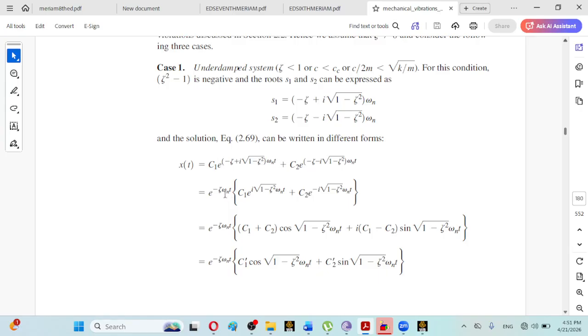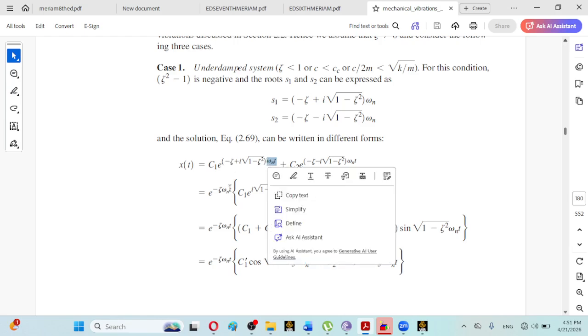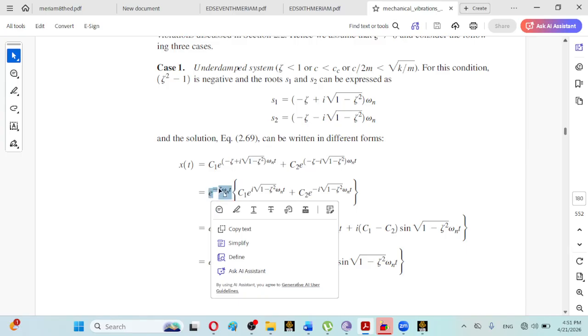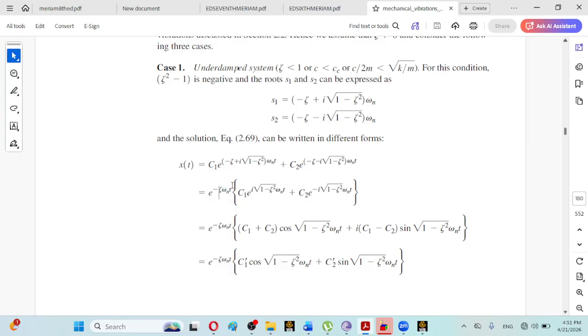So from this equation, e power minus damping factor into omega n t, this omega n t will be multiplied inside, and it can be written as the product of two terms, like this.